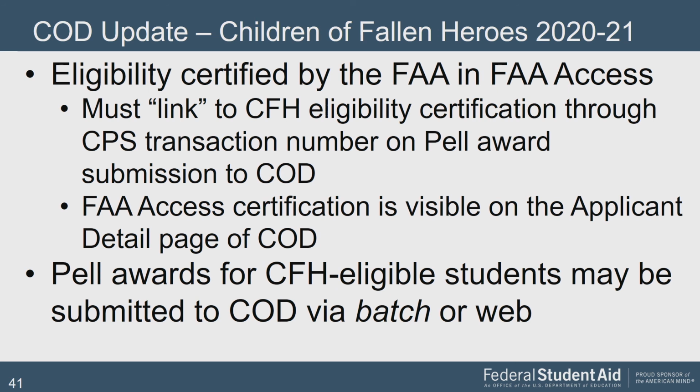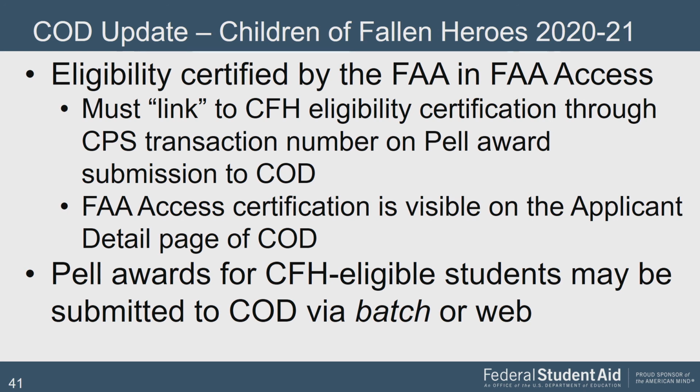The thing that you all have to remember in the community is that in order for COD to know that you have set this indicator in FAA Access and you have certified the eligibility, you must link to the proper CPS transaction number that will carry that eligibility certification.